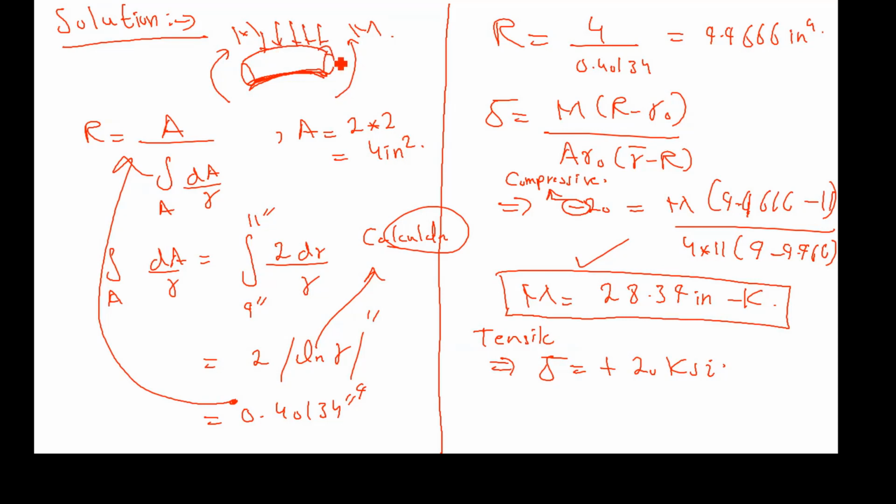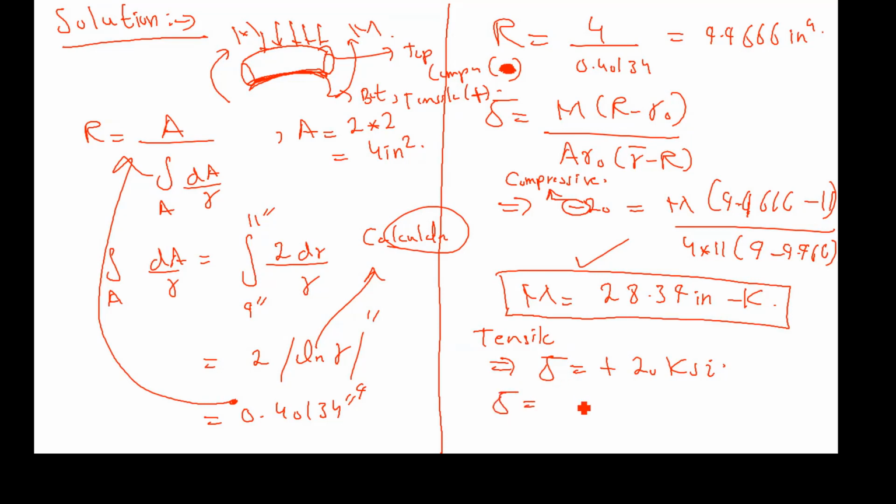At the top, sigma is compressive and it is taken as negative, and at the bottom it is tensile, so it is taken as positive.